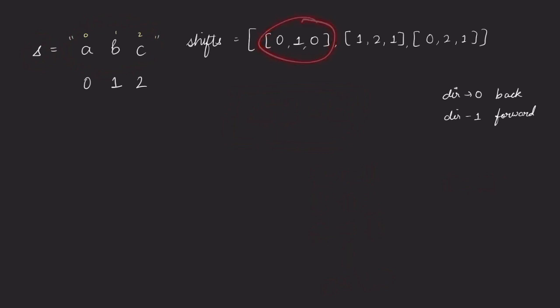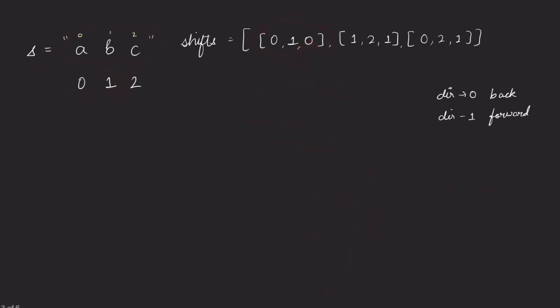Now if we see from 0 to 1, we need to do direction 0, that is backwards. So that means we will be doing a minus 1. So minus 1 here, and then here 1 minus 1 will become 0. So this will be 0, this will remain as is. Then from 1 to 2, we need to add a plus 1. So this one will remain as is. In these two, we will add a plus 1. So this will become 1, this will become 3.